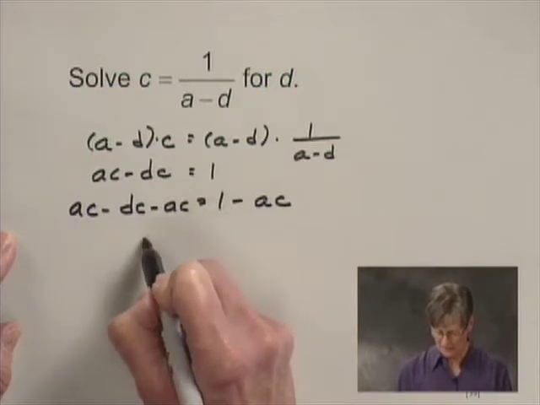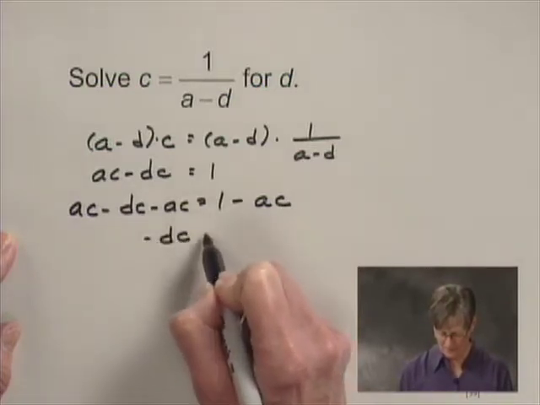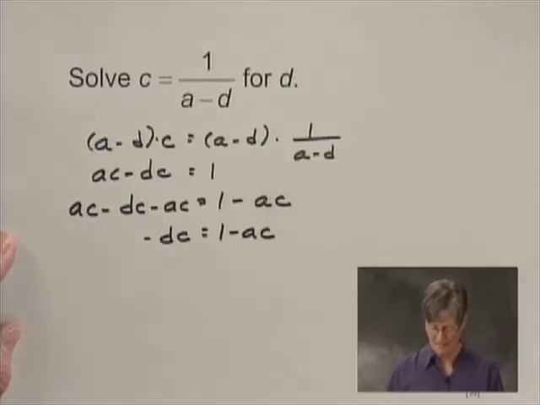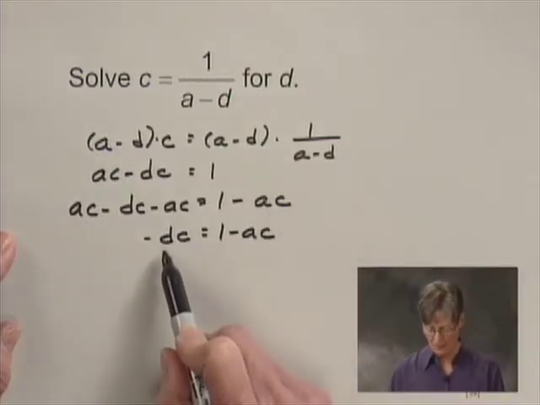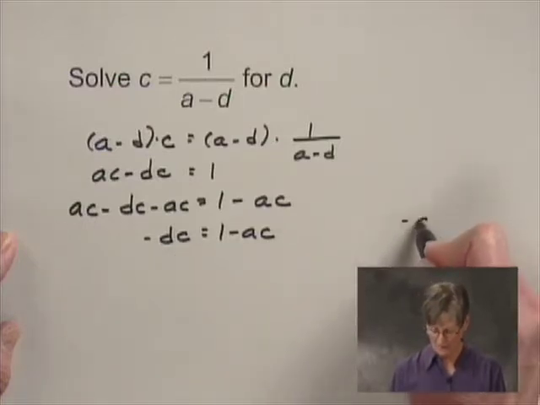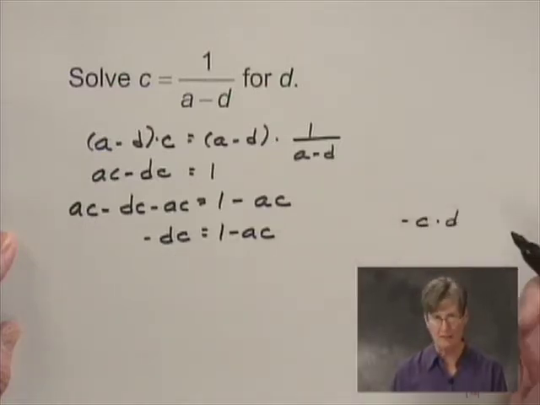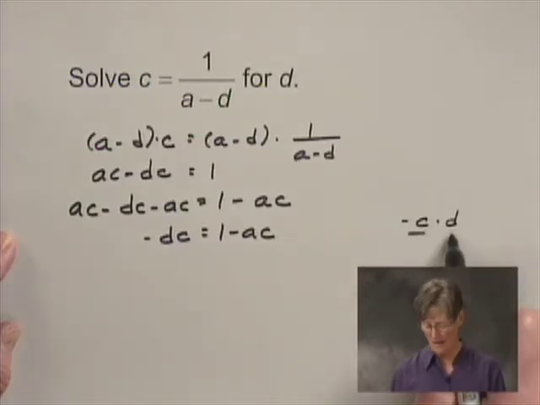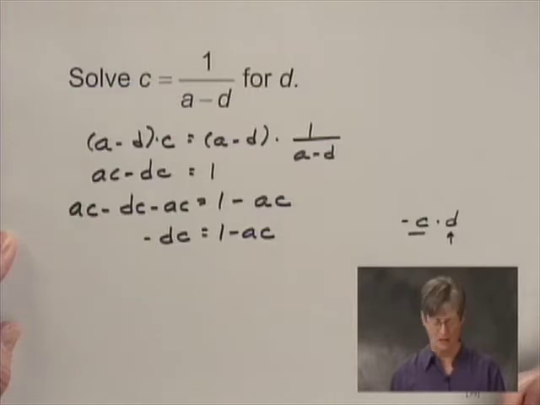And that gives me on the left the opposite of d times c, and I have 1 minus ac on the right-hand side. And now to get d alone, this opposite of dc I can think of as the opposite of c times d. So that tells me that if I divide both sides by the opposite of c, I'll have d alone on the left-hand side.